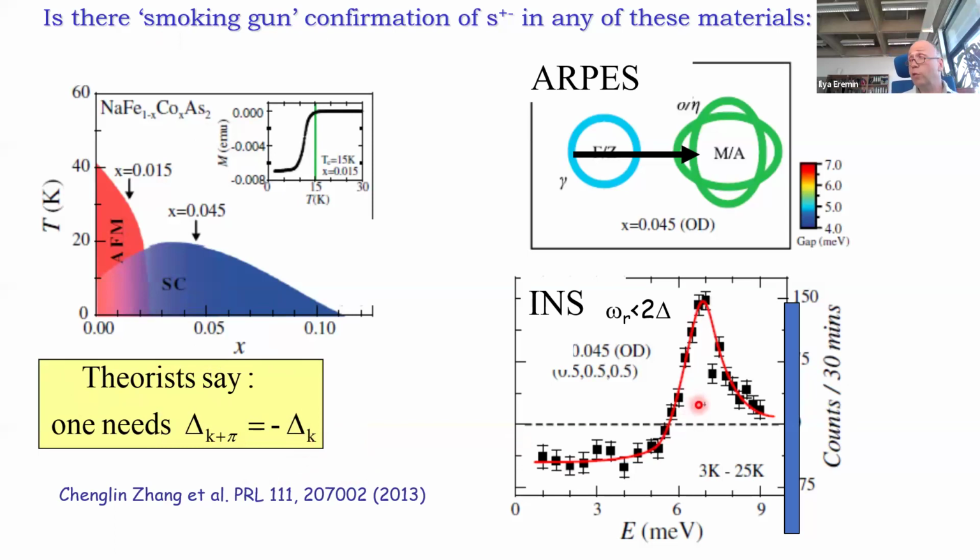When you break a Cooper pair into this particle-hole excitation at zero temperature, you will get an additional enhancement below twice the superconducting gap magnitude. There is an experimental indication that this is exactly what is happening, but you need to measure the superconducting gap on both and show that your threshold is above the peaks that you see in the neutron scattering. And there has been some experimental evidence in favor of this.